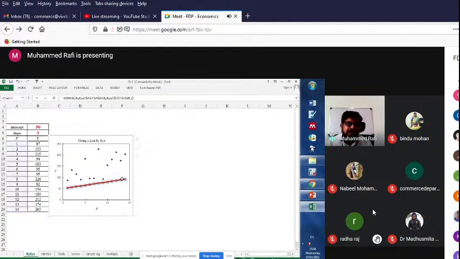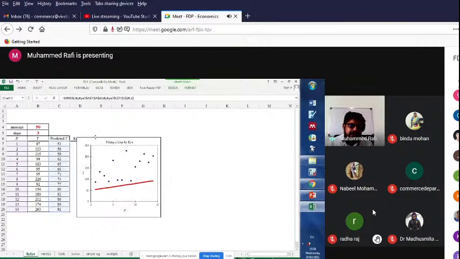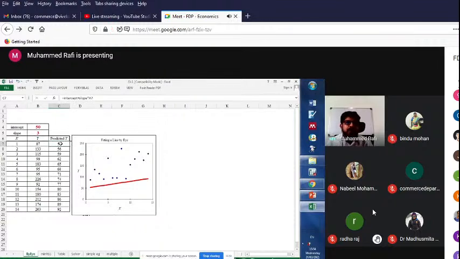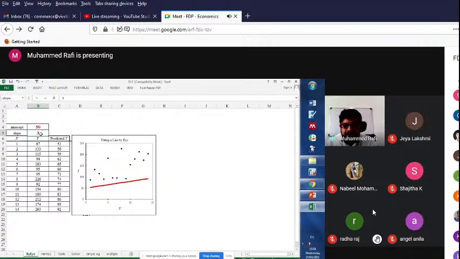Now you can see that this is the estimated value. This is nothing but the beta 0, the intercept, plus the slope multiplied by the independent variable. Now I have given intercept value 50 and slope coefficient 3. This is too far away from the middle points. Now let me increase the slope coefficient.